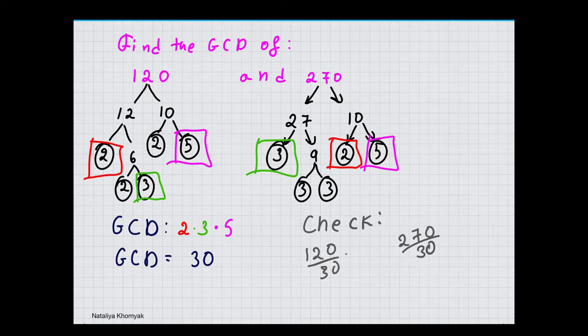So 120 divided by 30 simplifies into 4, and 270 divided by 30 simplifies into 9. I got whole numbers as my answers, so I know I did it properly.